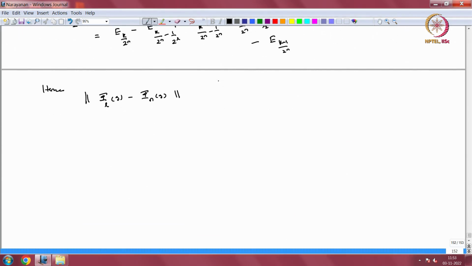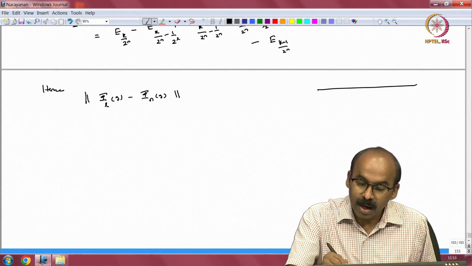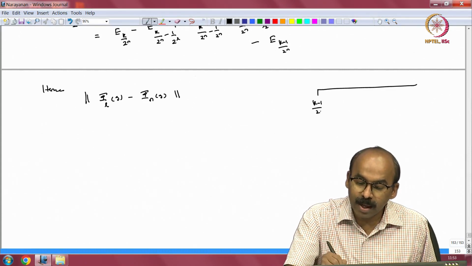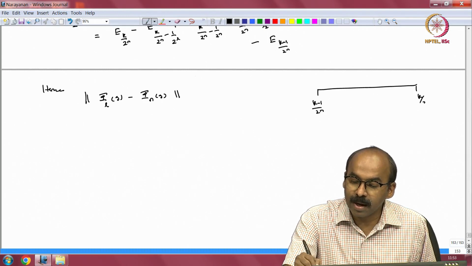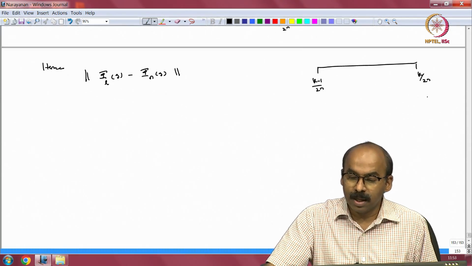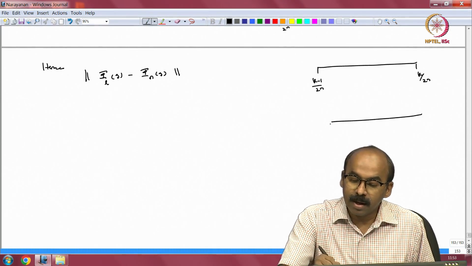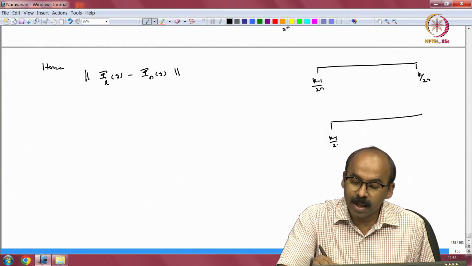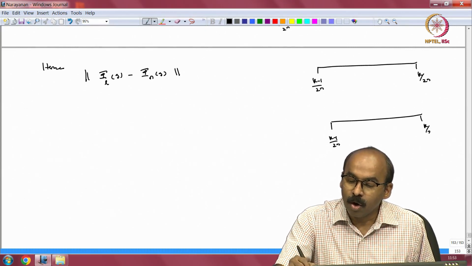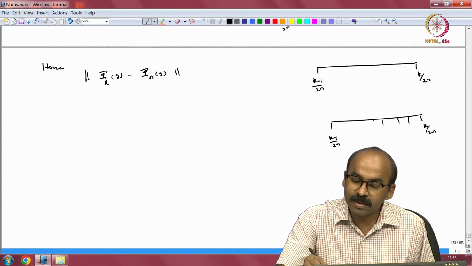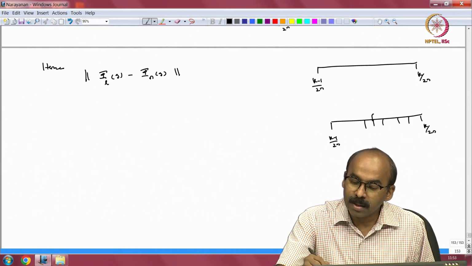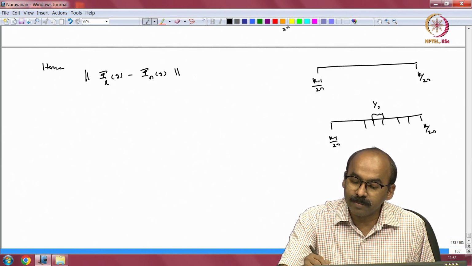So, let me draw that picture again. I have k minus 1 by 2 to the n and I have k by 2 to the n, this is what gets decomposed, all divided into smaller intervals. Okay. This is of length 1 by 2 to the L, right.